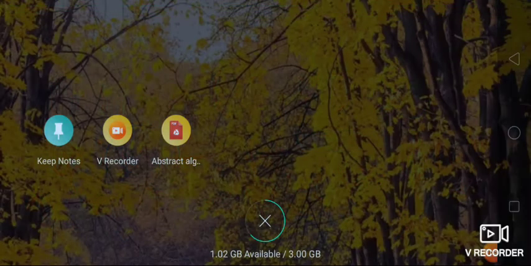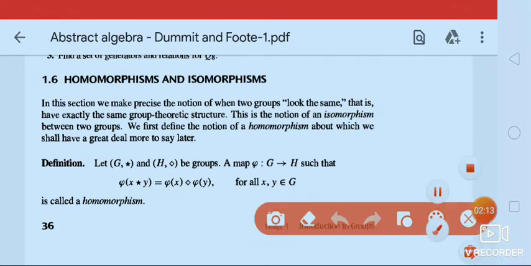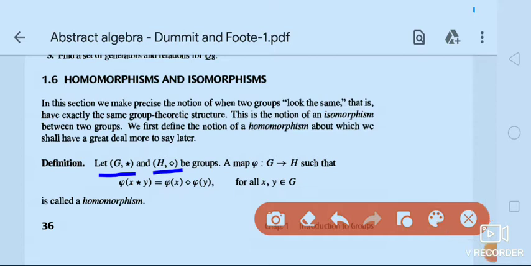I follow one book, and I am defining the definition from this book. Homomorphism: here (G, star) and (H, diamond) are groups, and pi is a map from G to H. This pi is said to be a homomorphism if pi of x star y is equal to pi of x diamond pi of y.